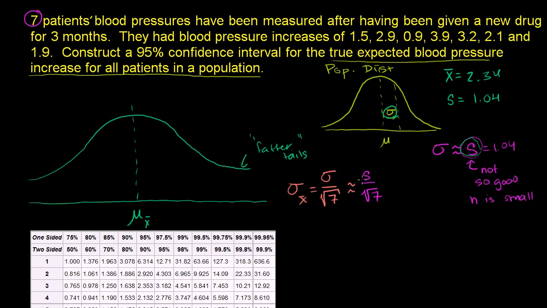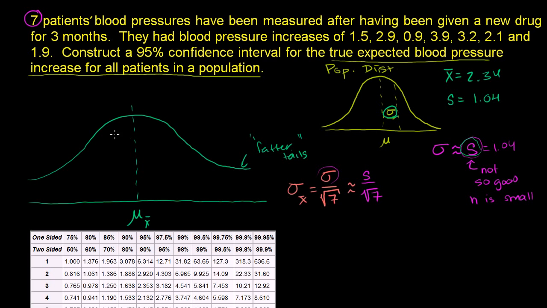This thing is going to change from sample to sample. And in particular, this is going to be a particularly bad estimate when we have a small sample size, a size less than 30. So when you're estimating the standard deviation with your sample standard deviation, and your sample size is small, you're going to use this to estimate the standard deviation of your sampling distribution.